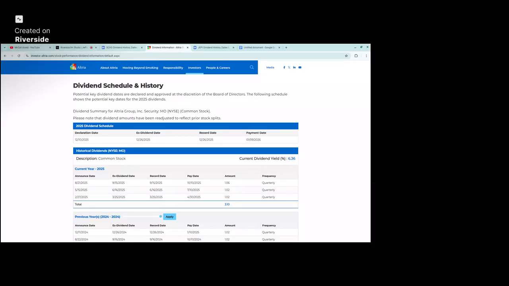But again, with the formula, let's get back to that. You can see down here, they paid $1.06 last quarter. That's what's going to be moving forward. So if you do that times 4, you get $4.24. Take your 24,000 divided by $4.24, and it equals 5,660 shares you would need in order to replace the $2,000 a month.